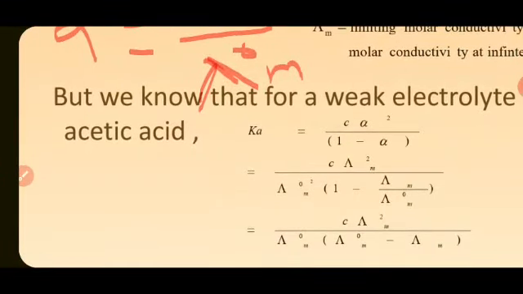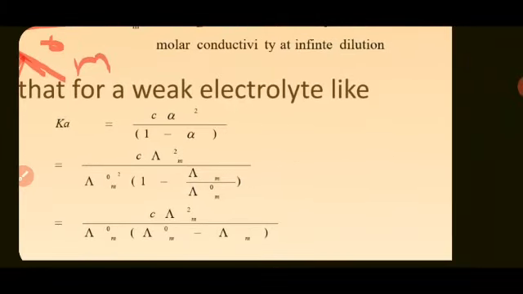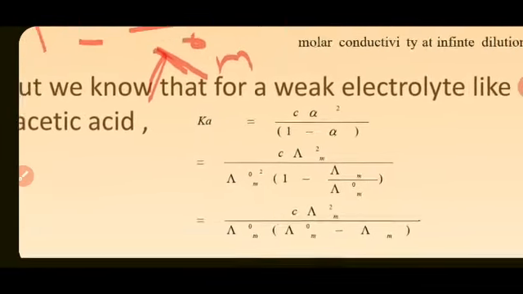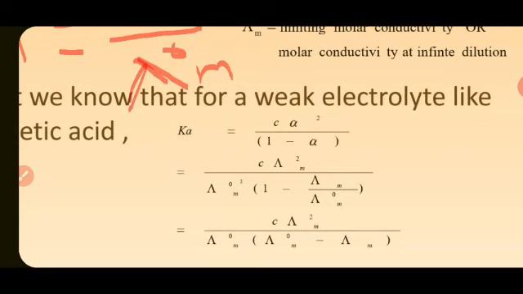But we know that for a weak electrolyte, we already studied this last year. For a weak electrolyte like acetic acid, Ka, the dissociation constant, is equal to C into alpha square divided by 1 minus alpha. This we studied in the topic equilibrium. If you want, you can refer to the textbook and see the formula.